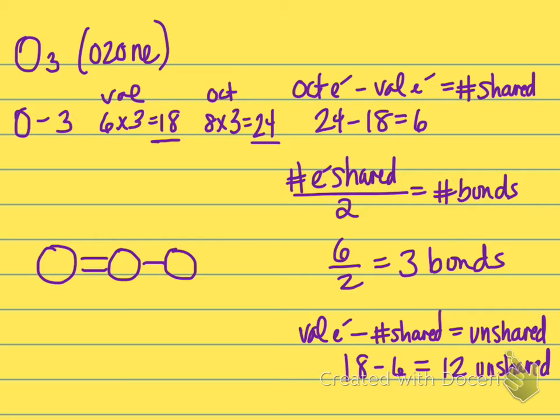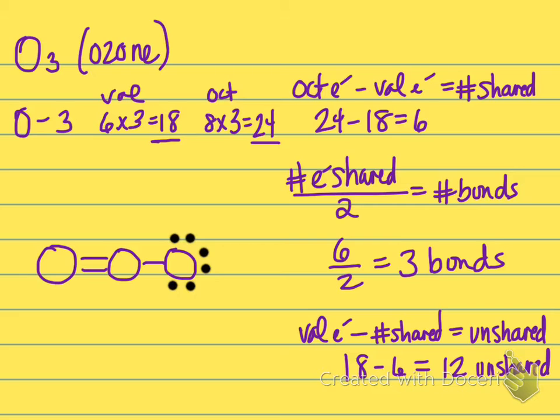This is where we have to think about the octet and what constitutes an overloaded atom. Well, this oxygen out here, 1, 2, 3, 4, 5, 6, 7, 8, would be satisfied with 3 unshared pairs on it because it's not over 8.